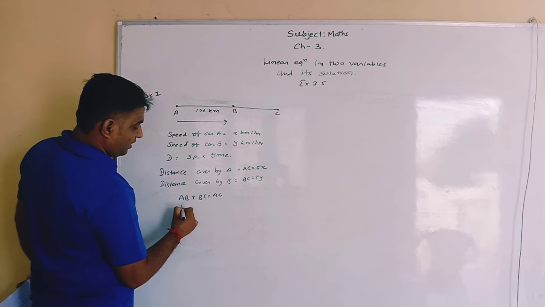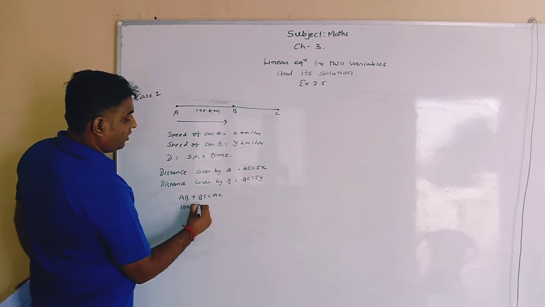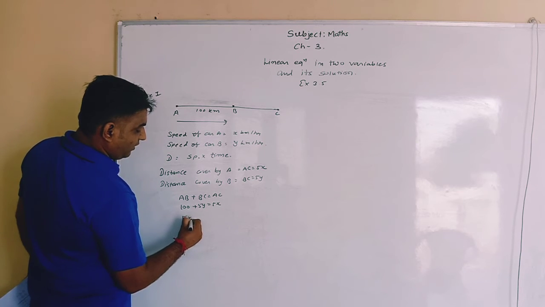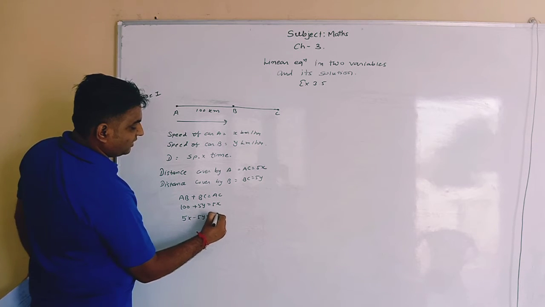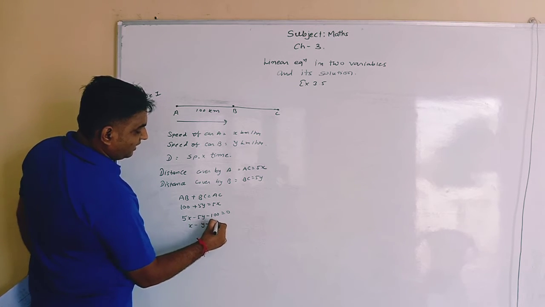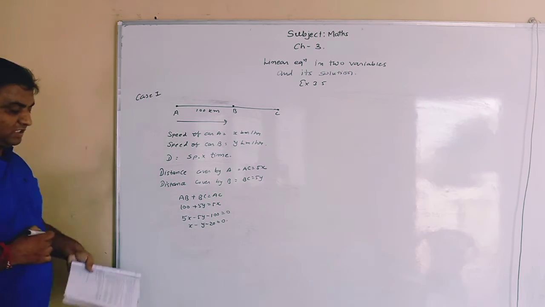So AB we have 100, BC we got 5y, equals 5x, and so we can write that 5x minus 5y minus 100 equals 0. So x minus y minus 20 equals 0. That is the first equation.